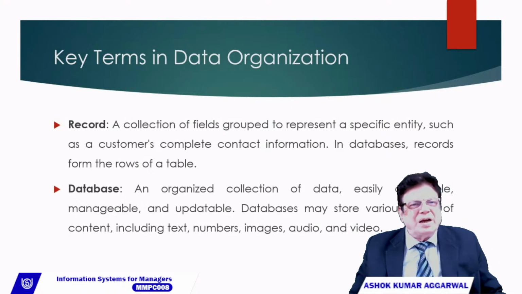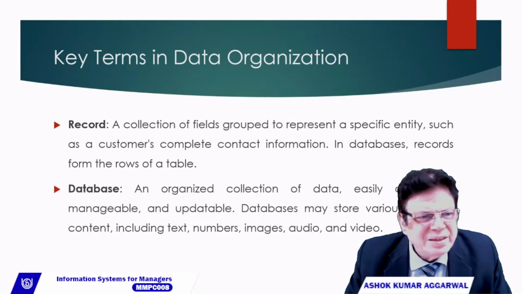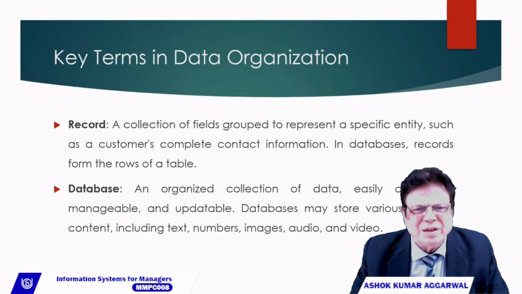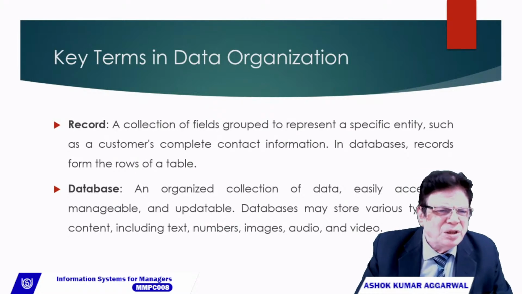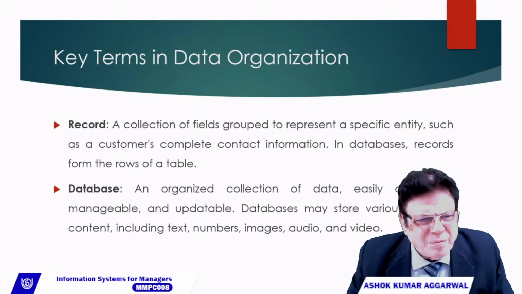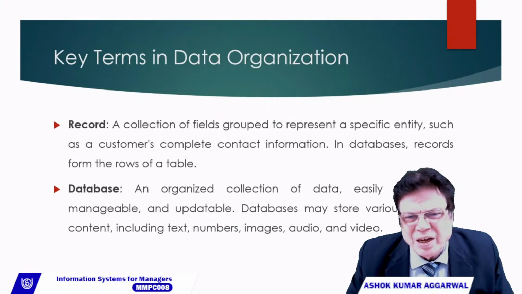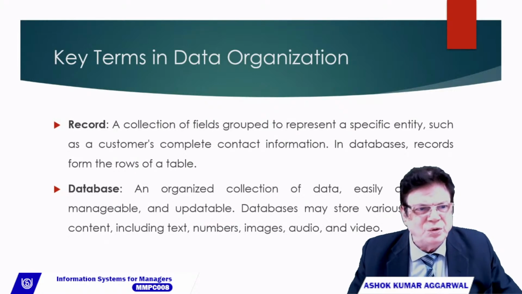Then record: a collection of fields grouped to represent a specific entity such as a customer's complete contact information. In databases, records form the rows of a table. Database: an organized collection of data, easily accessible, manageable, and updatable. Databases may store various types of content, including text, numbers, images, audio, and video.